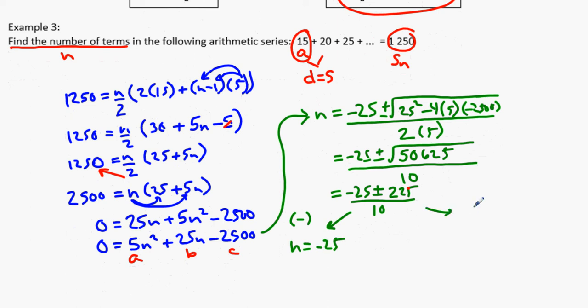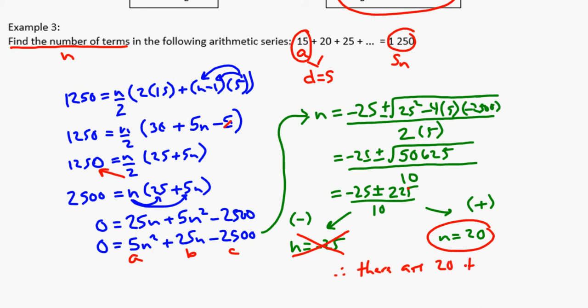Or if I add, I'm going to have n is equal to 20. Because n has to be a positive whole number, I reject this, so my answer will be this guy here. So therefore, there are 20 terms in the series.